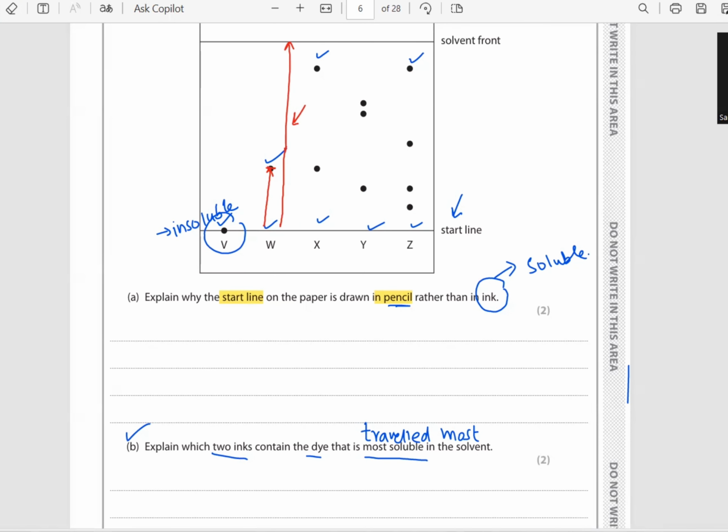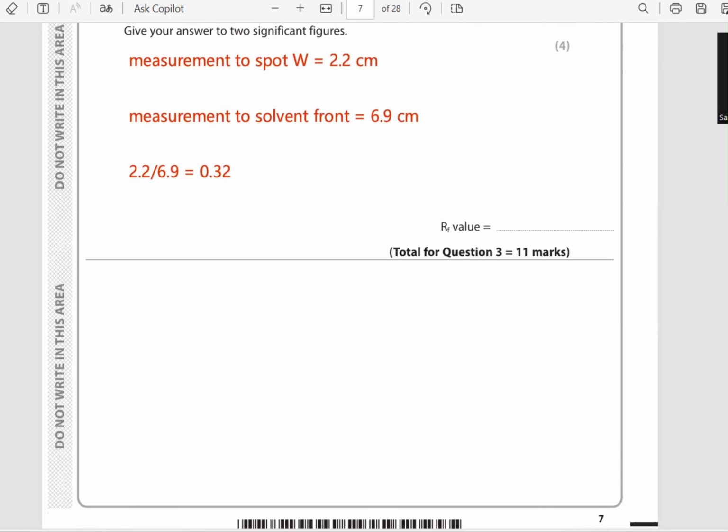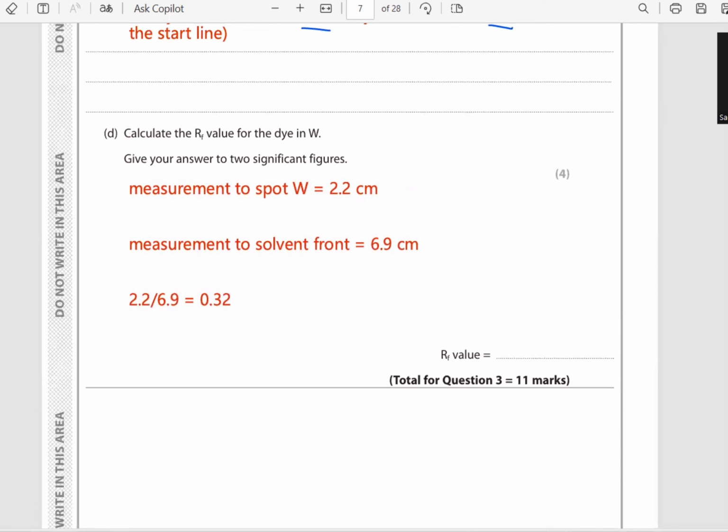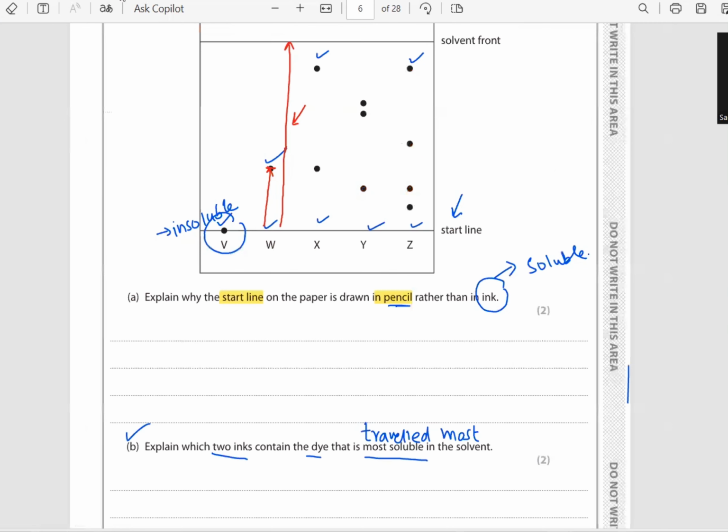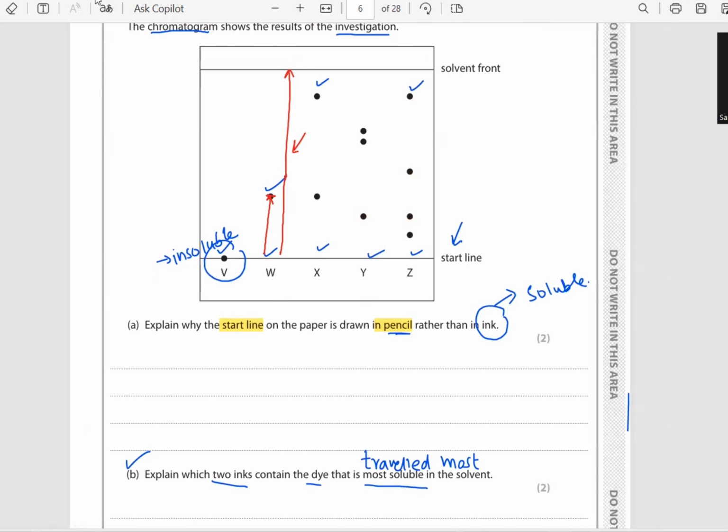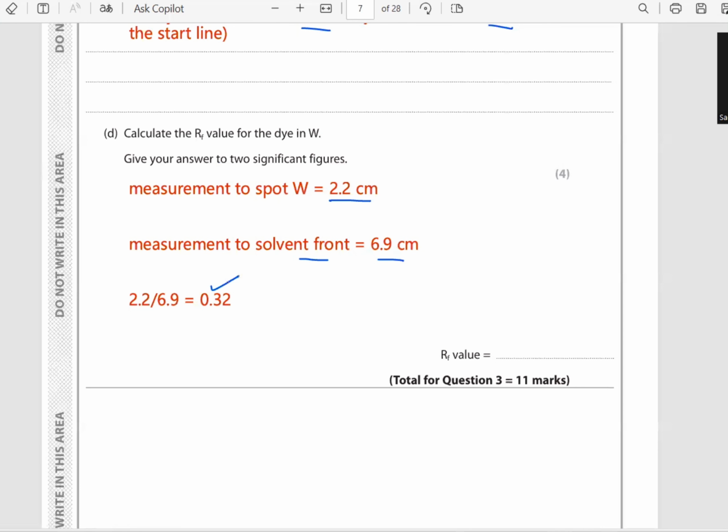You have to choose the ruler here. Measurement to spot W is coming as 2.2 centimeter. Solvent front is coming 6.9 centimeter. And then by dividing, we can get the answer. So here this value is 2.2 and this value is 6.9. 2.2 divided by 6.9. We are done with this question. So easy.